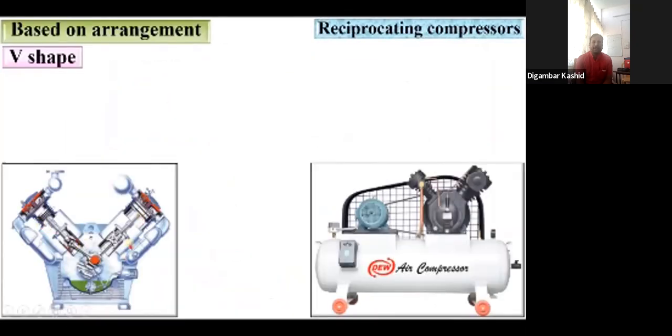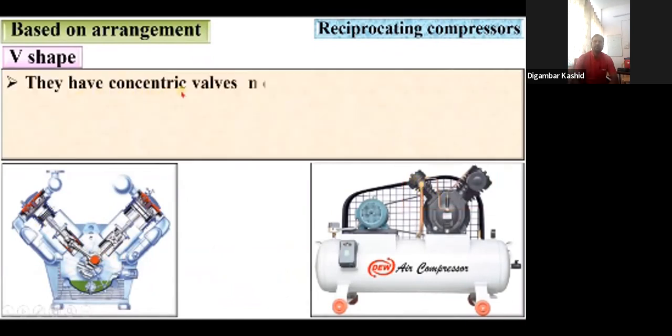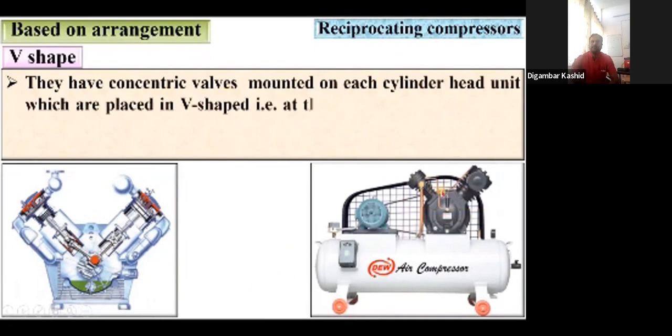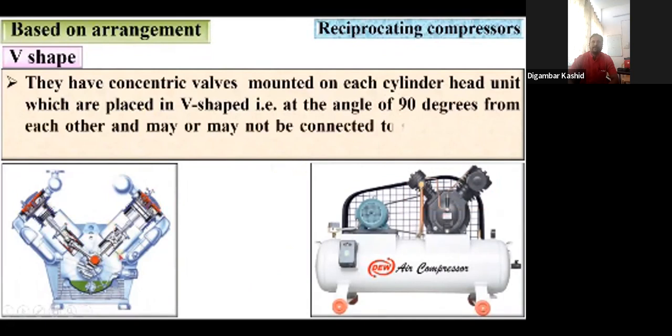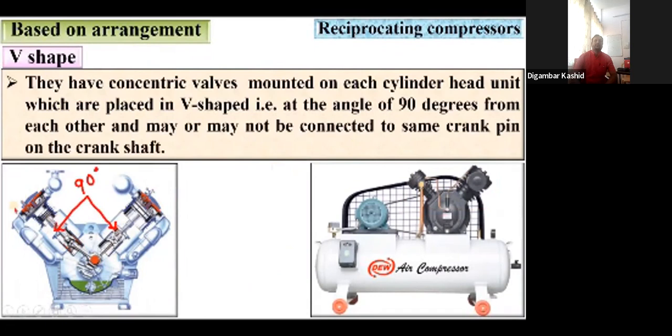Here you can see V-shape from the side, and here also you can see V-shape. They have concentric valves mounted on each cylinder head unit, which are placed in V-shape. That means at the angle of 90 degree from each other, and may or may not be connected to same crank pin on the crankshaft.